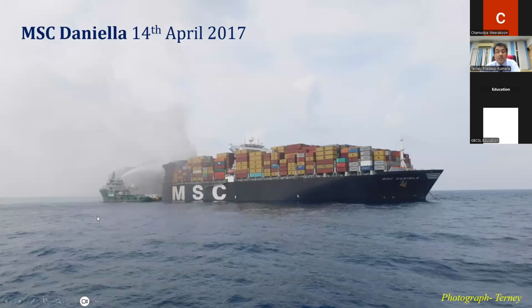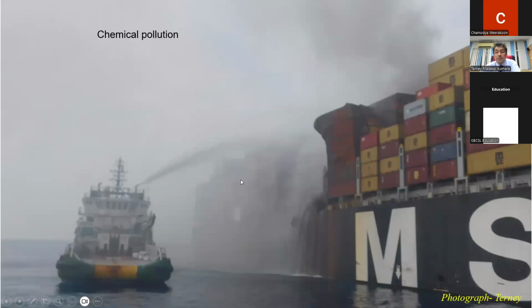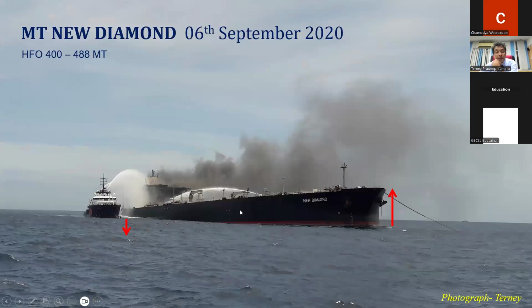Some ship disasters, some examples: MS Daniela. One of the third largest container ships just got burnt off Colombo, right? MS Daniela. You can see the chemical and other pollution level during the firefighting event, right? And again, the New Diamond case, east coast of Sri Lanka.